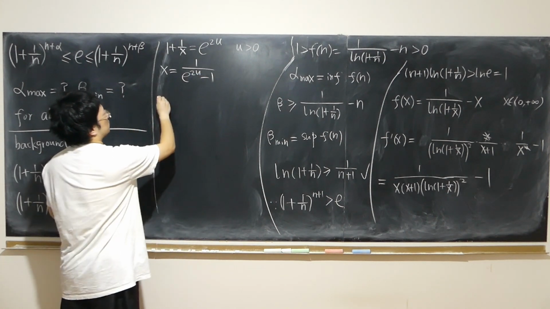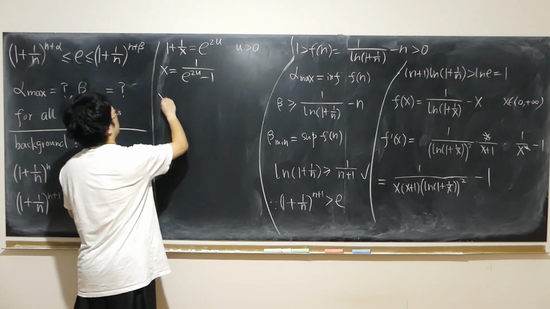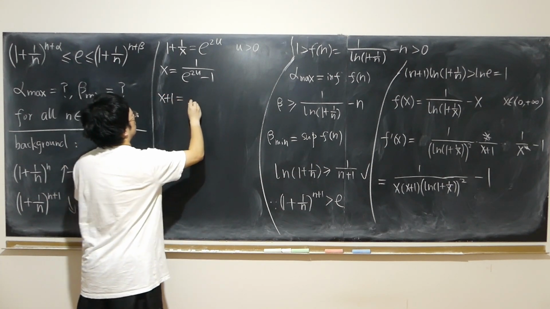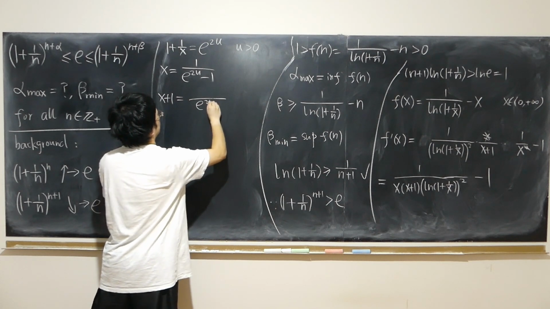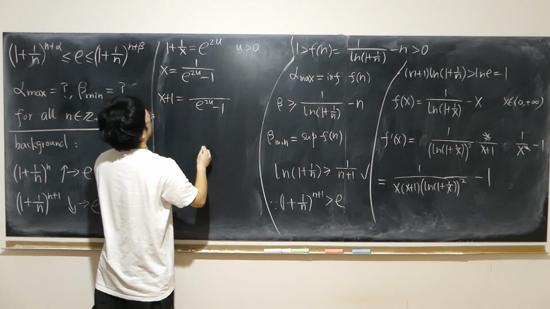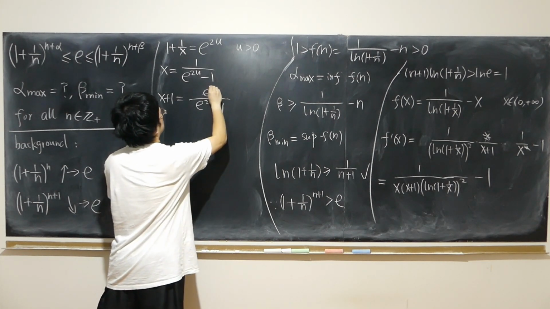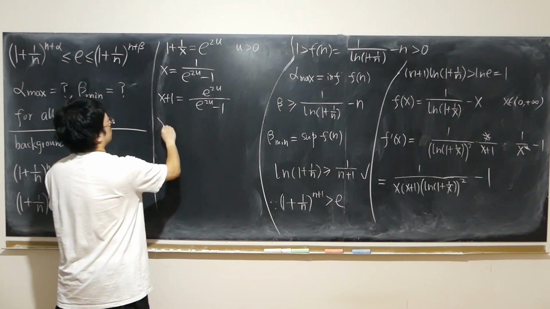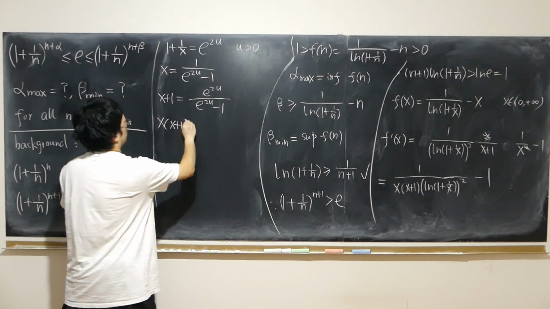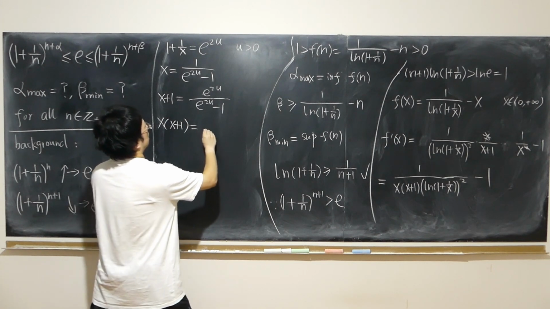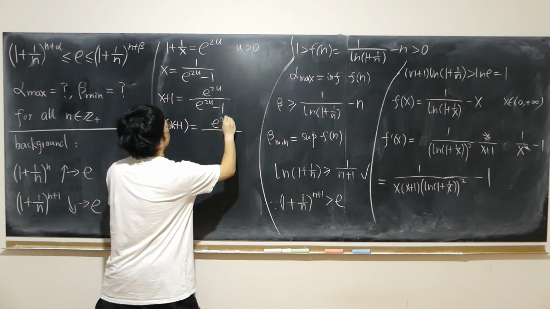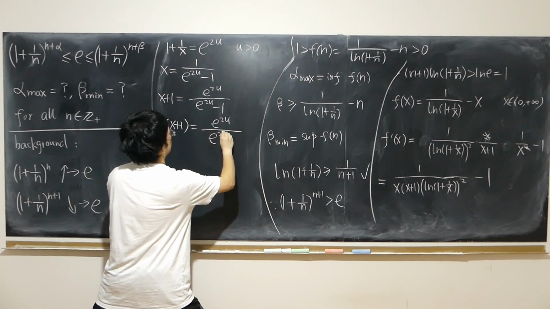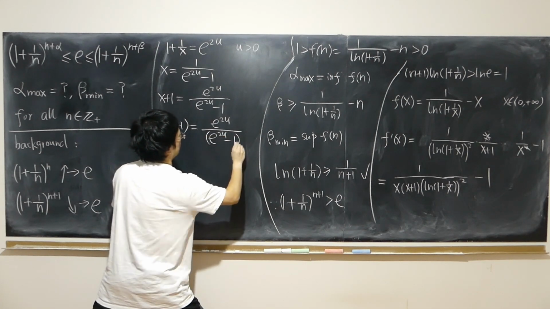So in that case, my x plus 1 would be equal to e to the 2u over e to the 2u minus 1. Top I have e to the 2u. So x times x plus 1 gives me e to the 2u over e to the 2u minus 1 quantity squared.